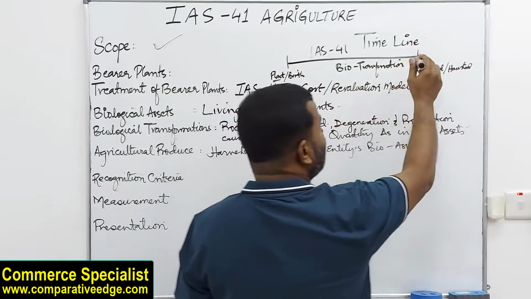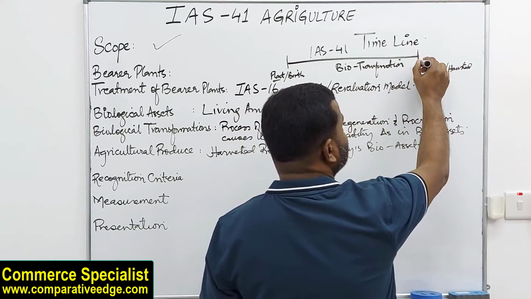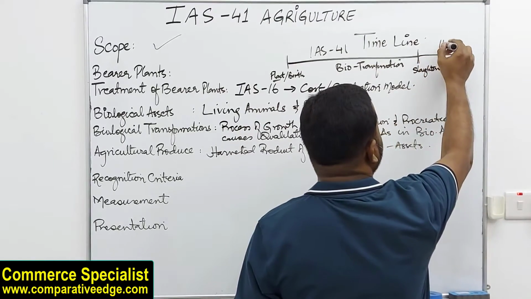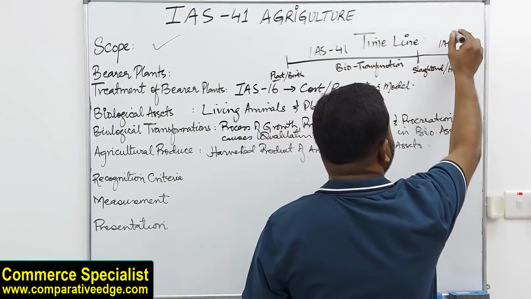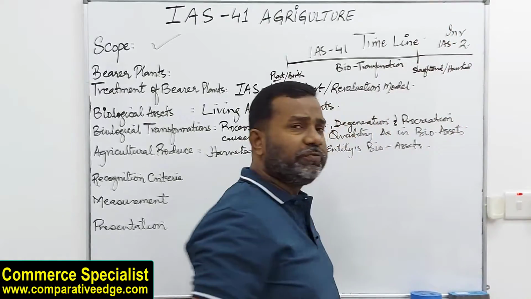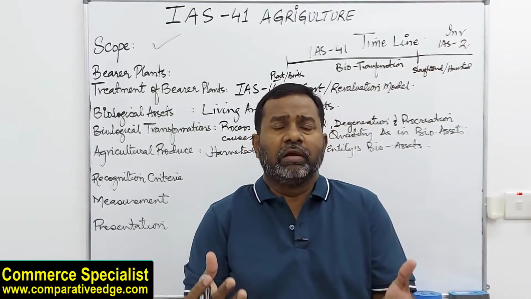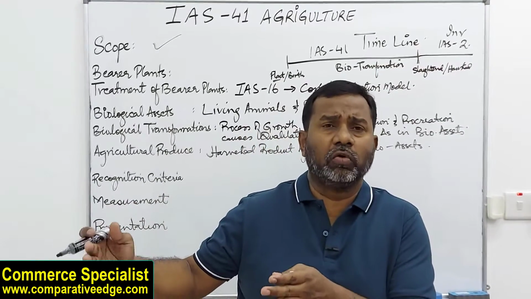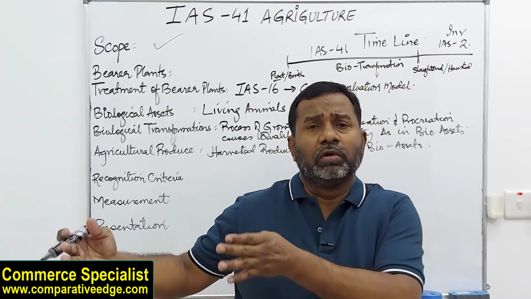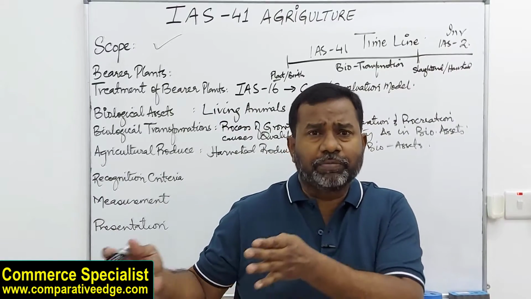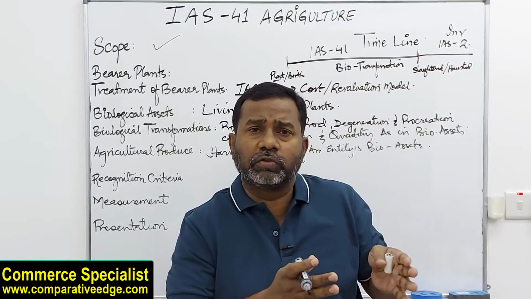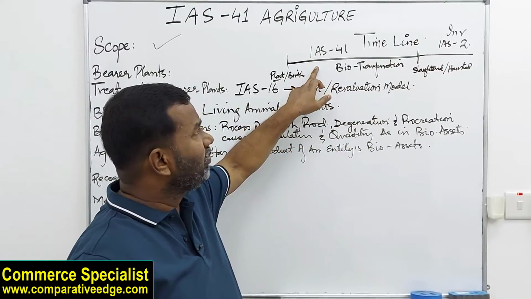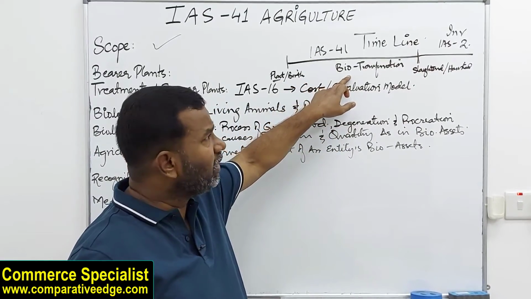Once the animal is slaughtered, what comes beyond this is covered by IAS 2, Inventories, because if I'm buying and selling mutton, then mutton is my inventory. From the time the kid was born, a baby goat is known as a kid, right up till it became a big goat and was slaughtered, all that period is covered under IAS 41 because it's a biological transformation.